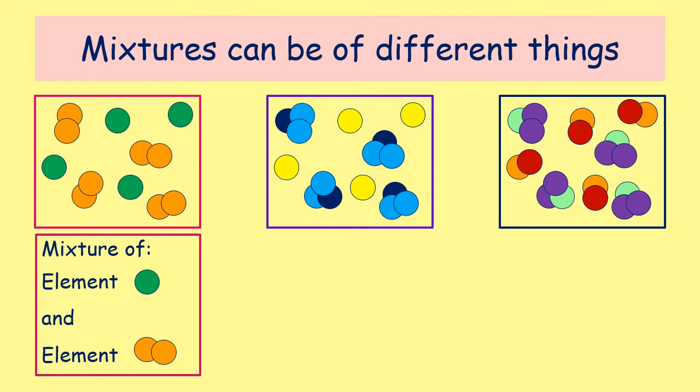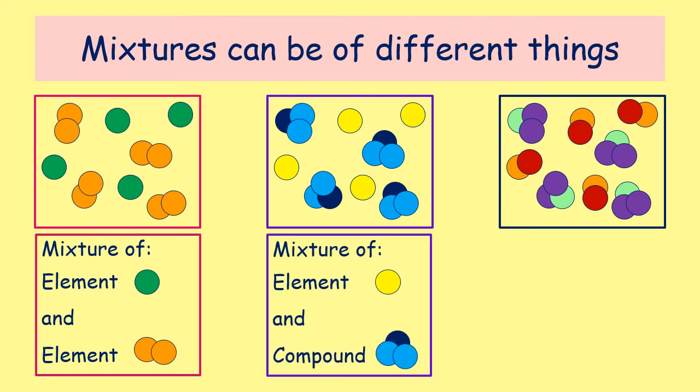Now, if we remove the yellow things and just look at the other ones, you can see that they're triangles made up of two light blue atoms and one dark blue atom, but they're overlapping with one another, which means that they're chemically joined. So that represents a compound. So the middle box is a mixture of the yellow element and the light blue, dark blue compound.